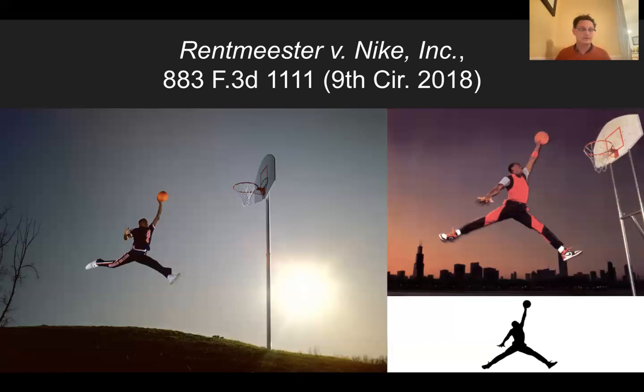Okay, fine, objective test. The intrinsic test is a more subjective one that ultimately has to go to the jury, and it asks the jury to say, based on the total look and feel of the two photographs or the two works of authorship, is the accused work an infringing work.